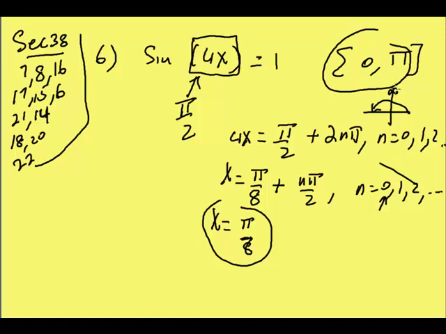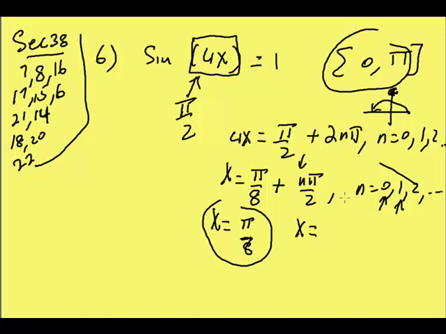From the unit circle, that's where sine of pi over 2 is equal to 1. Okay, I'm going to use n. I'm going to put 1 there.